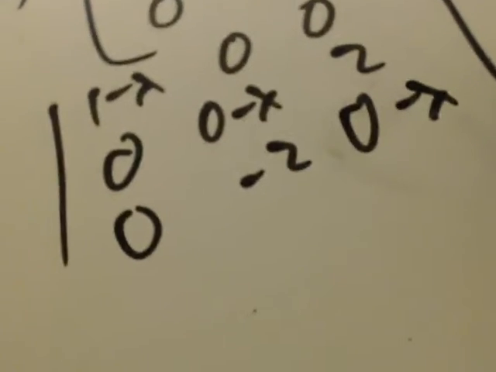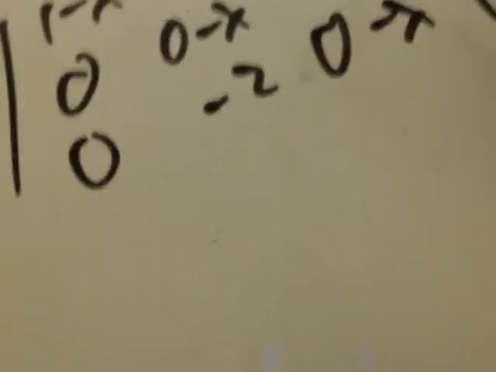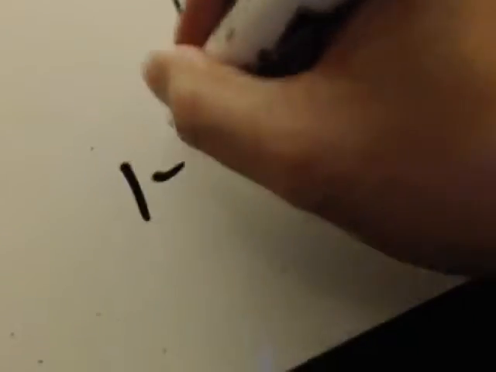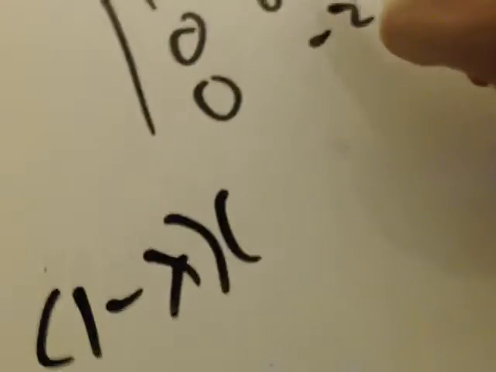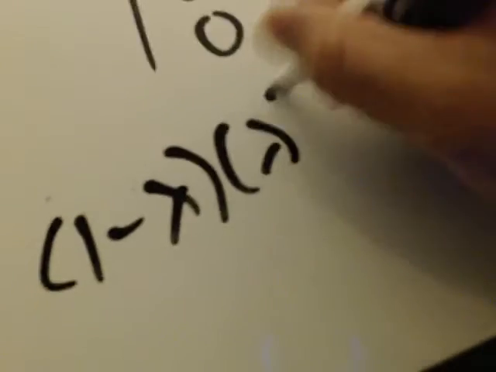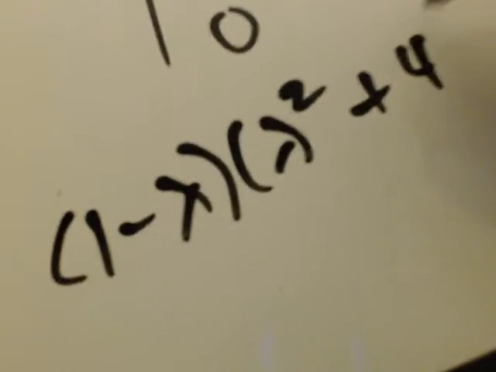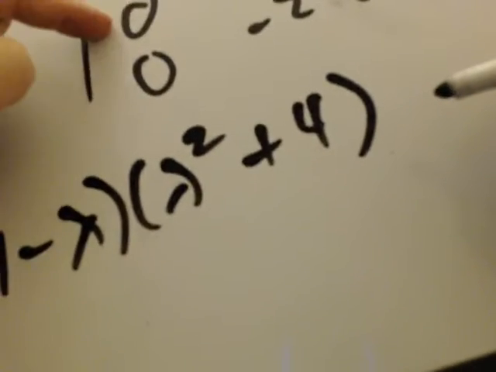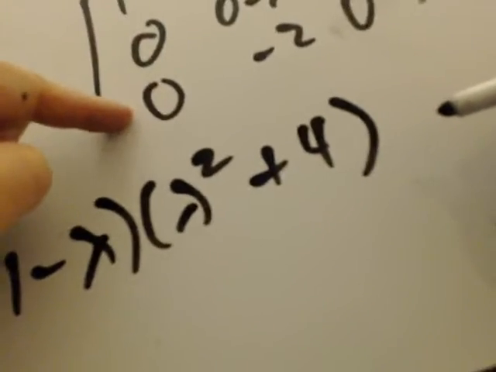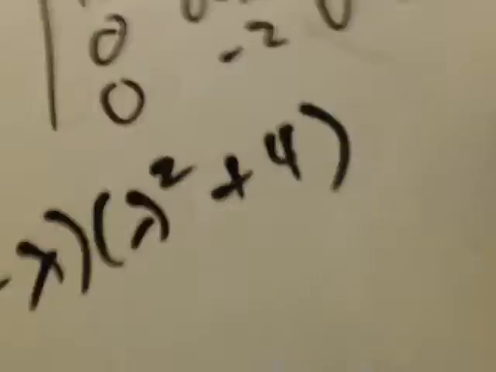Okay, so if that's the case, I can write the characteristic polynomial. So it's going to be this times that square. So we have 1 minus lambda times, well, this is lambda squared minus a negative 4, so plus 4. And then this is 0, and this is a 0. So therefore, that's the only thing we have, equals 0.